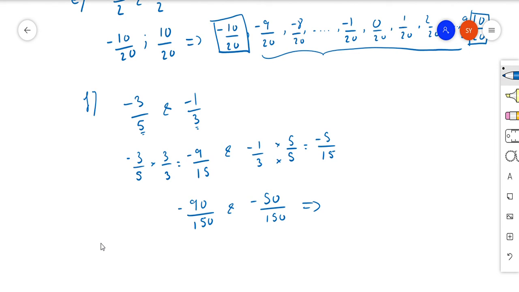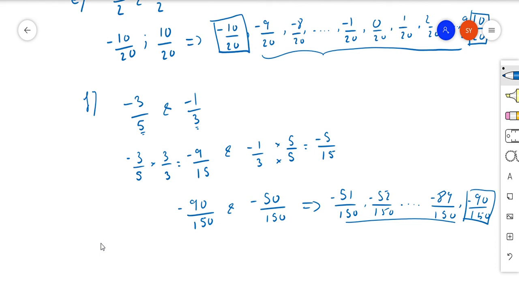The numbers will be like minus 51 by 150, minus 52 by 150, so on till minus 89 by 150, because after that is minus 90 by 150. This you cannot include, but all the numbers in between you can include. Alright, we'll stop over here.